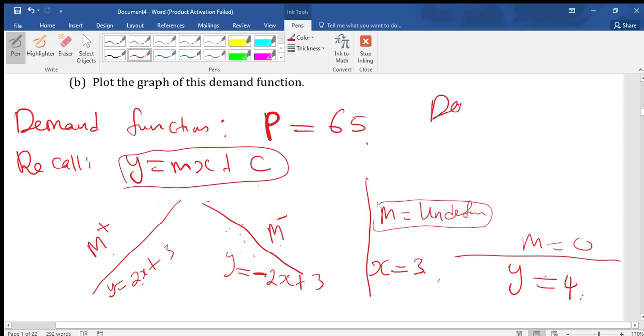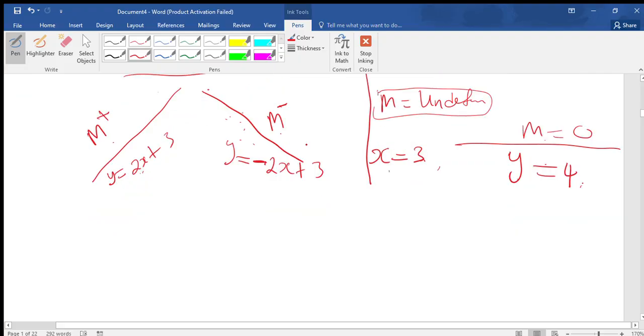Now we are trying to relate this to the demand function, which is in the form P equals A minus BQ. This is what we said. And in this case, we're looking at 65. So let me just write it from there. The demand function here is P equals 65.